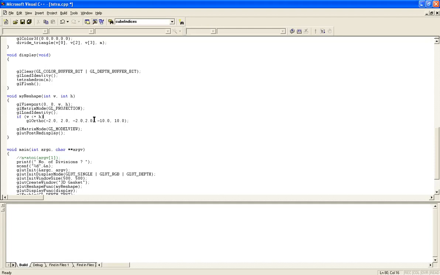If I want to just view left, right, bottom, top, I can use only 4 parameters. I can even use near and far, since it's a 3D tetrahedron, a 3D image. Coming back again, since I'm doing further animations, I need to change the state from projection to model view. So I'm going to again declare glMatrixMode, GL_MODELVIEW, and I need to repeatedly display the content, so I'm going to call glutPostRedisplay.